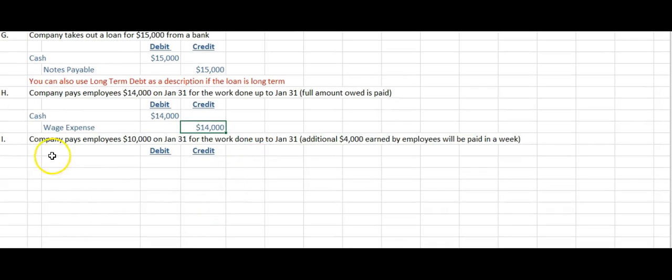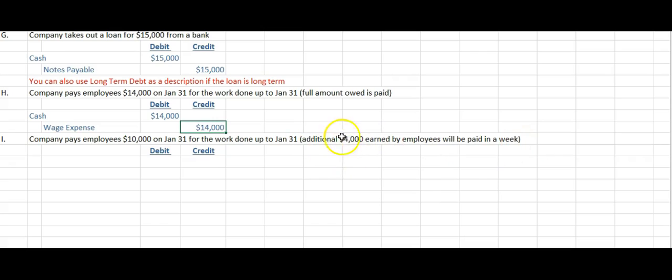No problem. But let's take a look at how we handle something a little different. The company pays employees $10,000 on January 31 for the work done up to January 31, right? So $10,000 represents work done up to January 31. But an additional $4,000 was earned by the employees and will be paid in a week, okay?